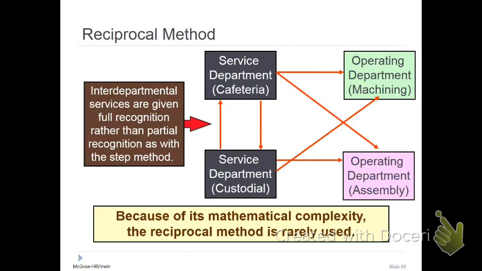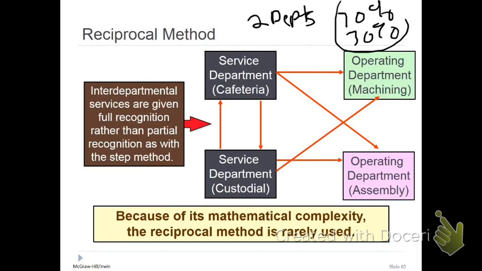Just one quick note about the real world. I've seen this happen in situations where you have two departments, and one has 70% of the space, and the other one has 30% of the space. Do we use 70-30 as the allocation?